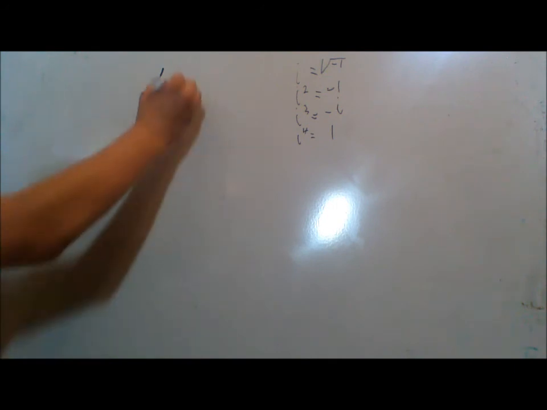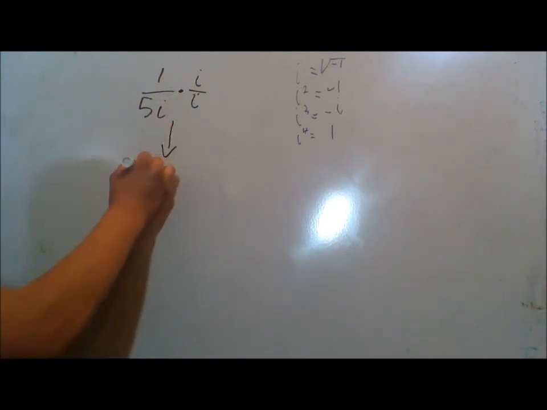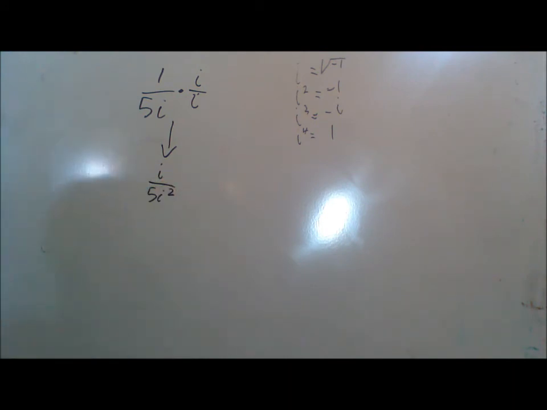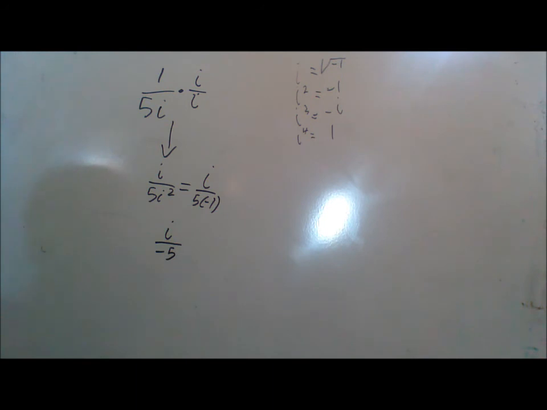So we're going to multiply this by I over I. So what would happen is we now have I over 5I squared. And since I squared is equivalent to -1, we have I over 5 times -1. So the answer is I over -5. And pretty much this is the simplified form.